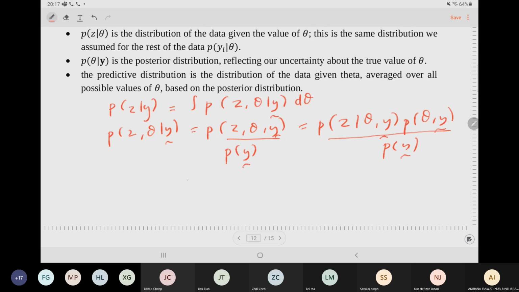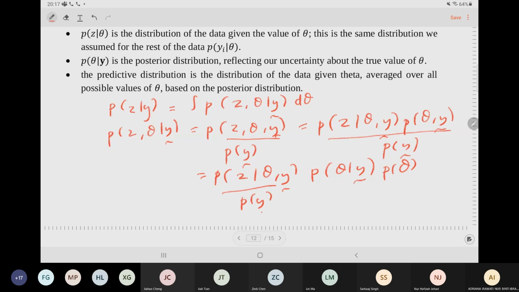And this is where you have to use a lot of conditional probability. So this is P(y).